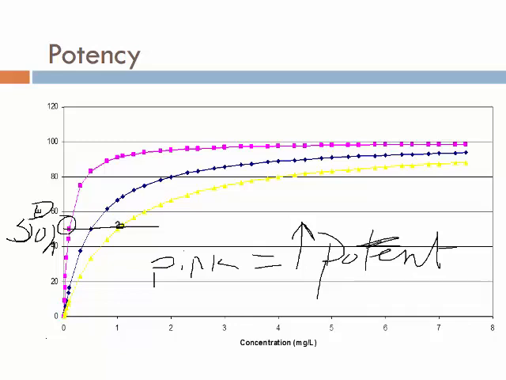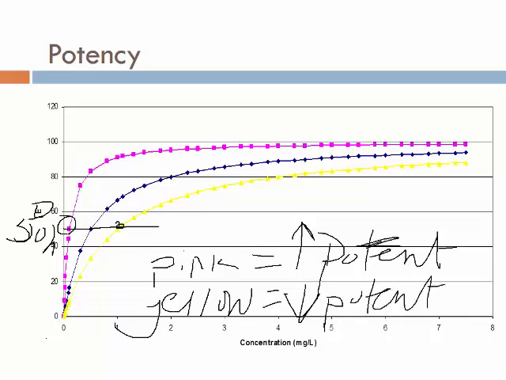And this yellow guy here is going to be our least potent of these three, right? Because here it takes about 1 milligram per liter to get to 50%, and this is like at 0.01 or some 0.1 milligrams per liter. So this pink one is the most potent, followed by the navy, followed by the yellow.